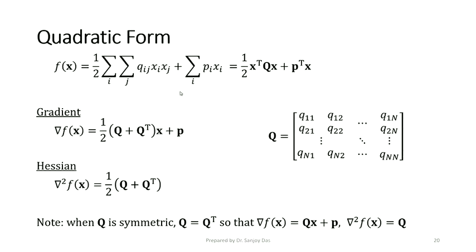And now why do I assume that Q is symmetric? Because suppose you're given a Q that's not symmetric, you can replace this Q with half of Q plus Q transpose, and you'll get the same value.